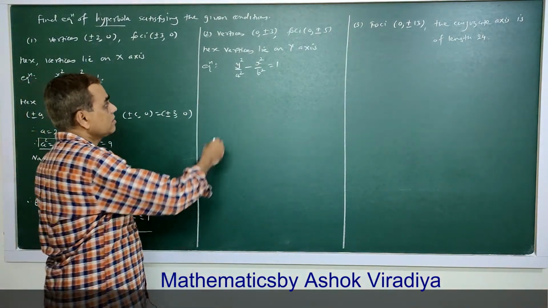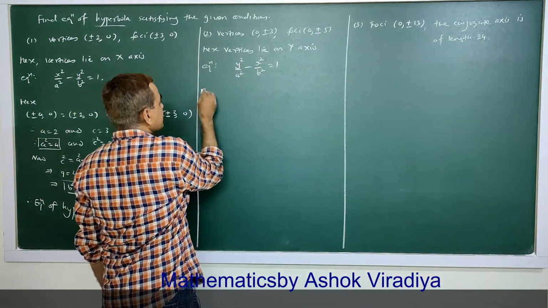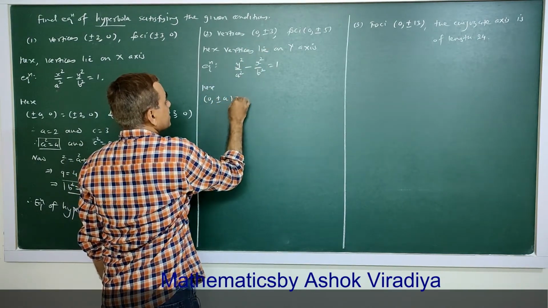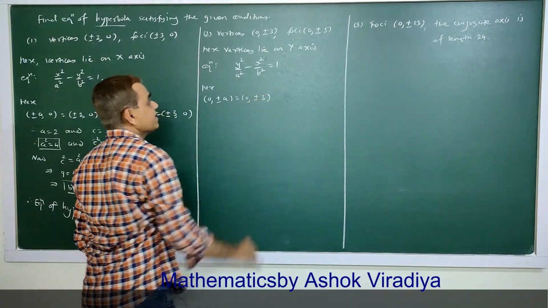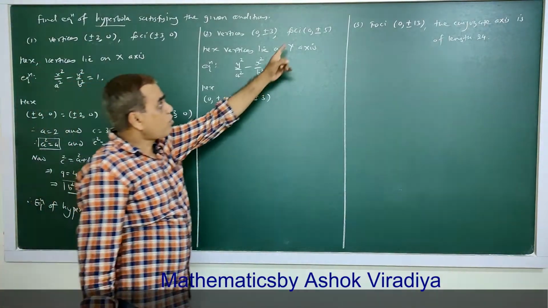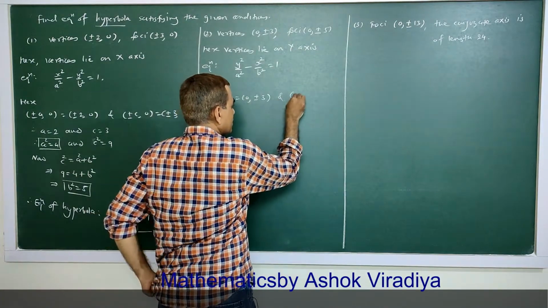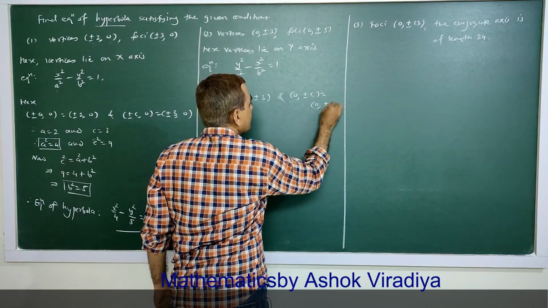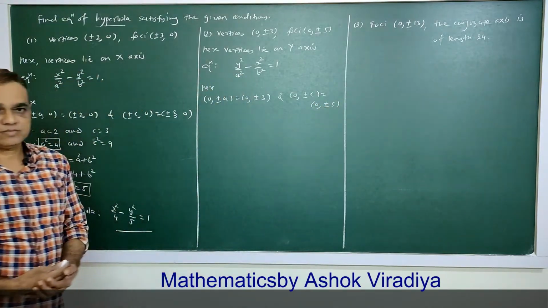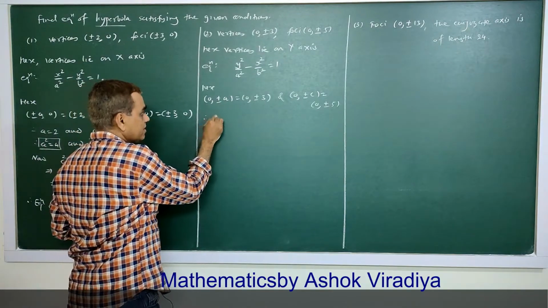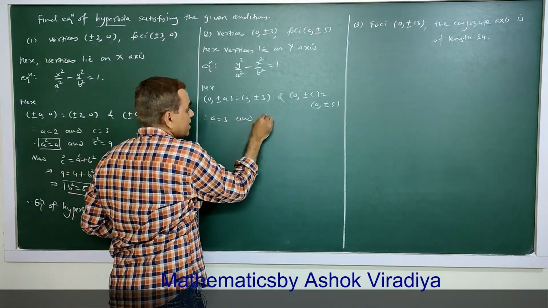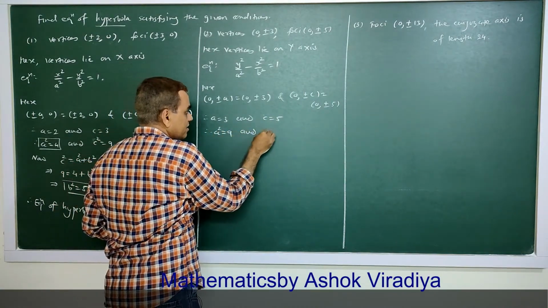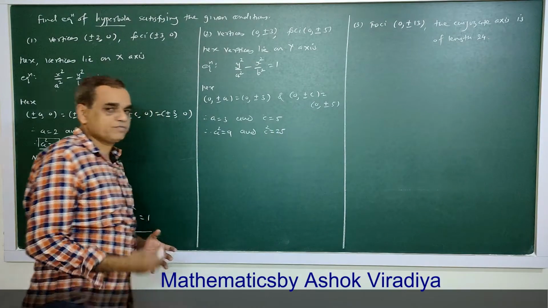Here vertices lie on y-axis. So (0, plus minus a) is (0, plus minus 3). Foci on y-axis, so (0, plus minus c) is (0, plus minus 5). So by comparison, a is 3 and c is 5. So A square is 9, C square is 25.